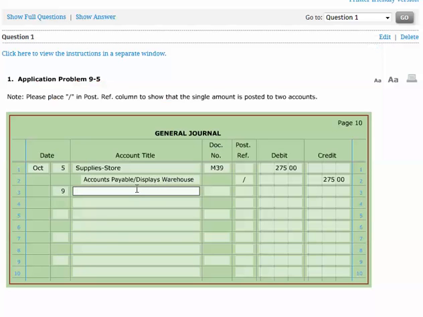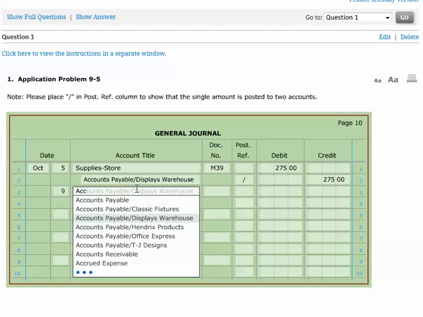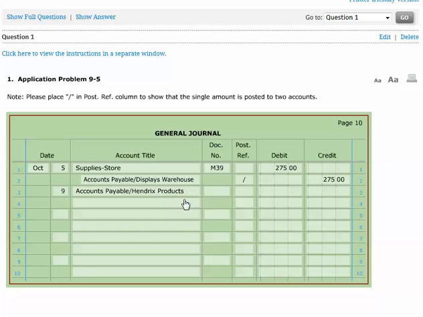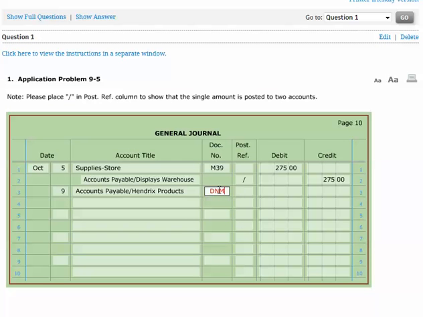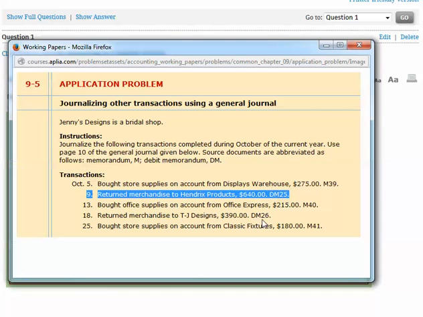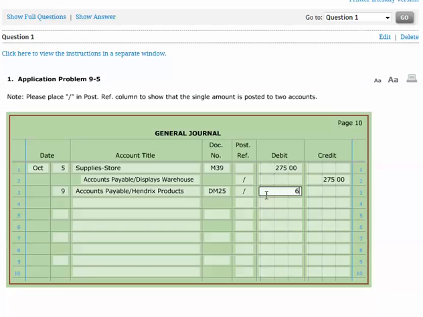So we do accounts payable Hendrick, and we debit it because we're decreasing it. My debit memorandum is 25, so DM 25. Once again, notice the slash on accounts payable, the indicator to put a slash in the post reference for a future date. It was for 640.